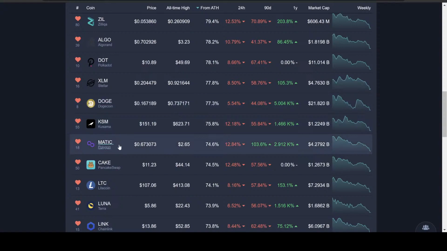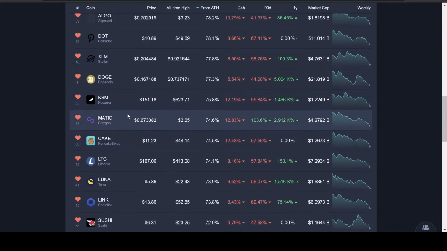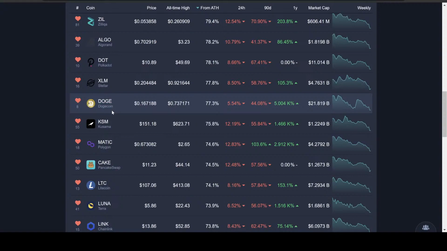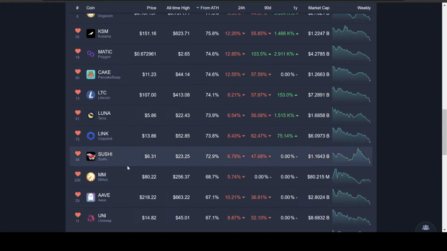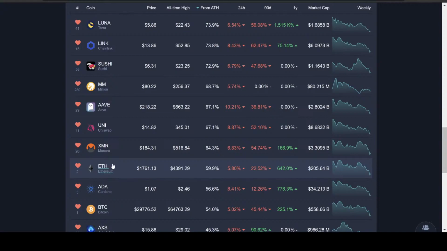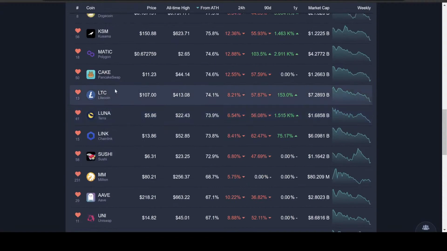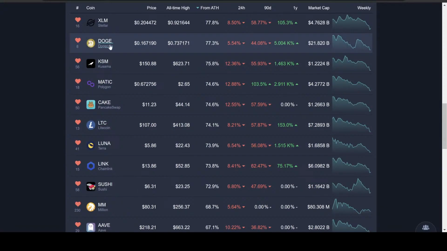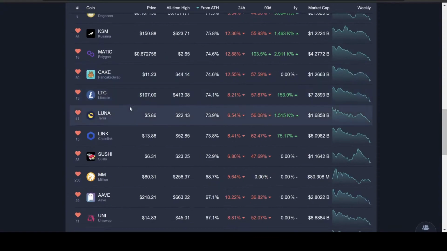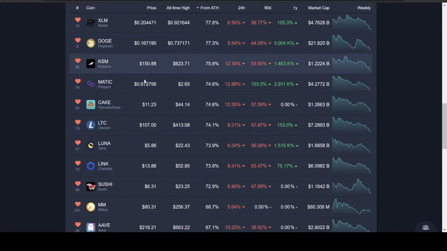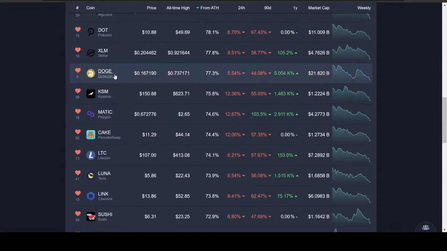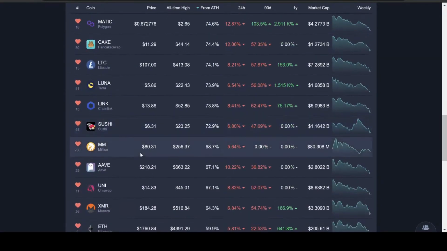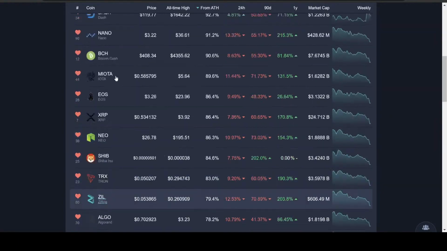And during the bear market, obviously most memes will do worse than Ethereum, because there's nothing backing them, or at least for Doge, there's nothing backing it besides Elon's Twitter. So that's the reason why the drawdown of a lot of memes is a lot bigger than Ethereum, but surprisingly it's a lot better than the first generation coins.